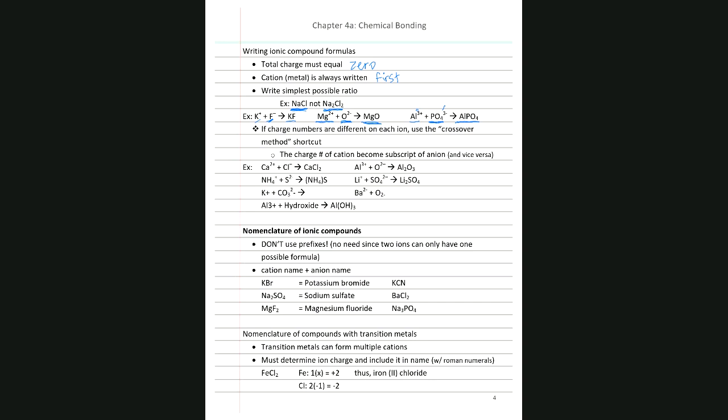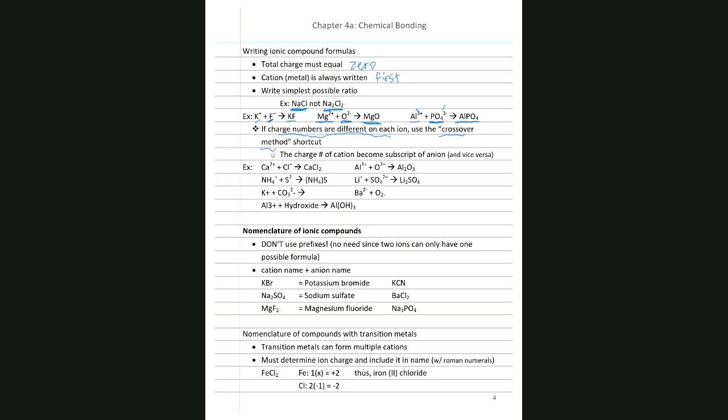But if the charge numbers are different on each ion, then we have to do a little bit of math in order to make sure that we're combining them in a way that their charges cancel out. And there's something called the crossover shortcut method. In this method, the charge of each ion becomes the subscript of the next ion. So I'll show you how that works in these examples here.